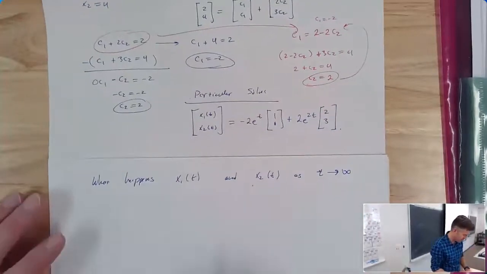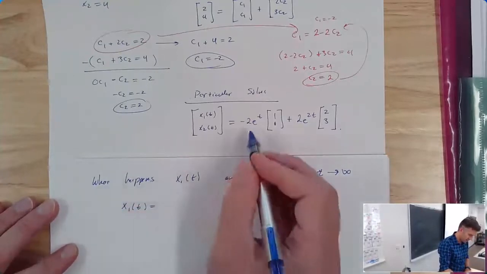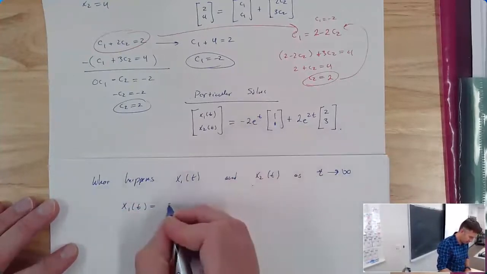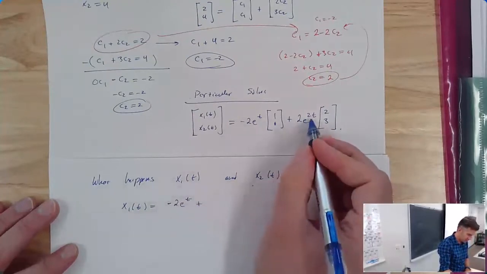Well, let's look at the first one. x1 of t is equal to -2e to the t times 1 plus 2e to the 2t times 2.